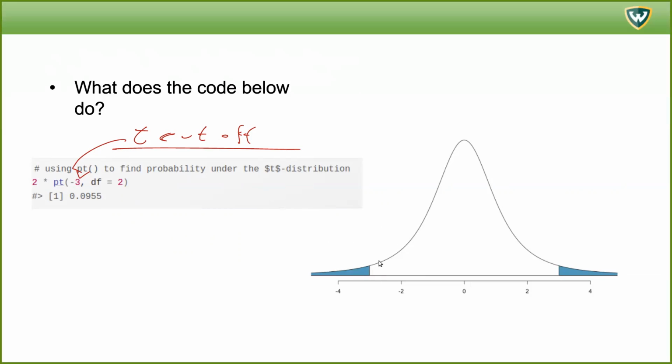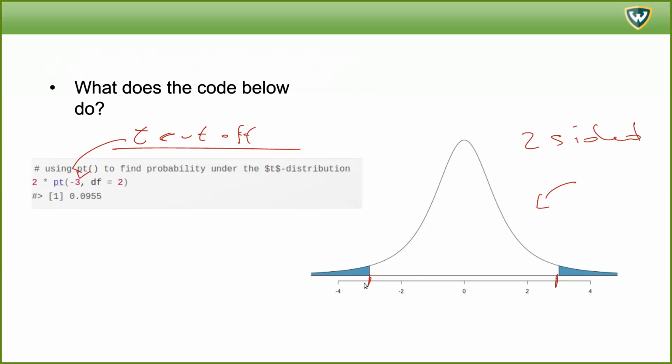So suppose it's at minus 3 and 3. If we want to know if something is either below a value or above a value, we do what is called a two-sided test, not one-sided.